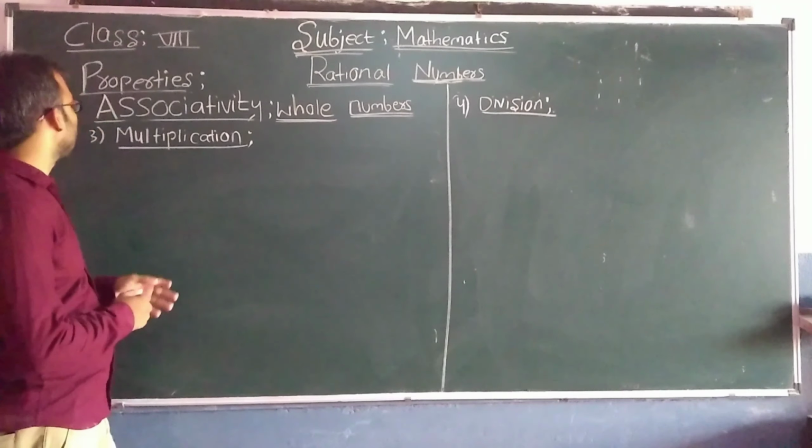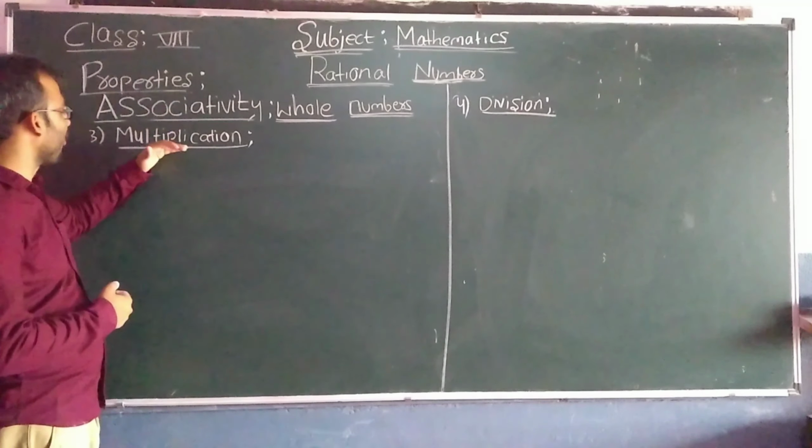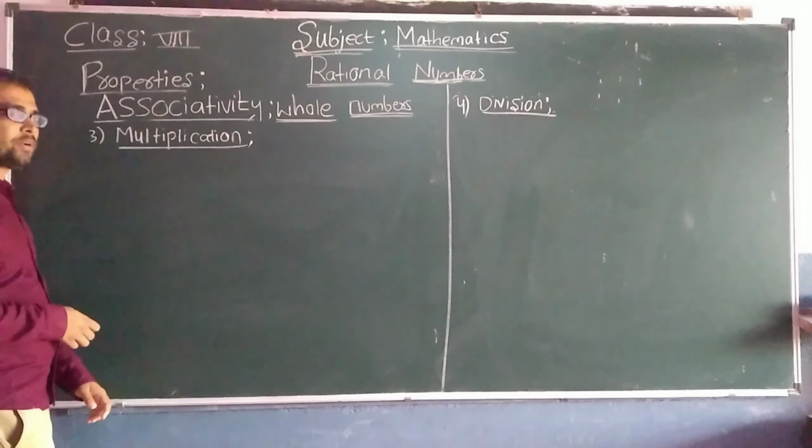Now let us see whether the associative property of multiplication holds good under whole numbers or not.